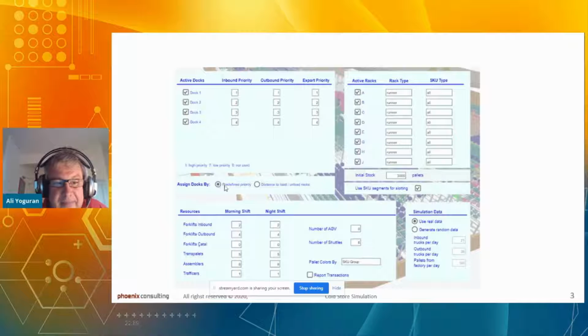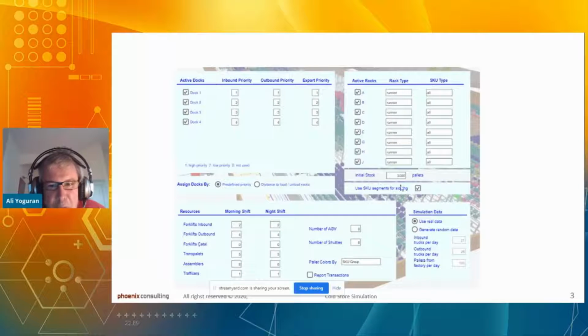Moreover, you may assign the docks to trucks with this predefined priority here, or you may just let the simulation engine decide which load to assign to which truck, considering the distance and trying to minimize the travel distance of the forklifts and the collectors.